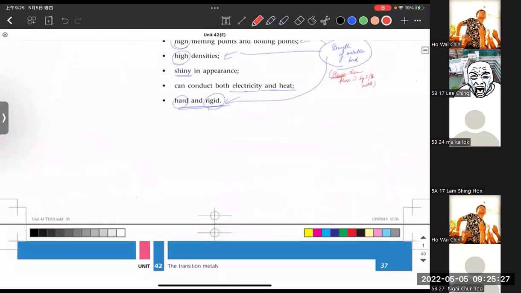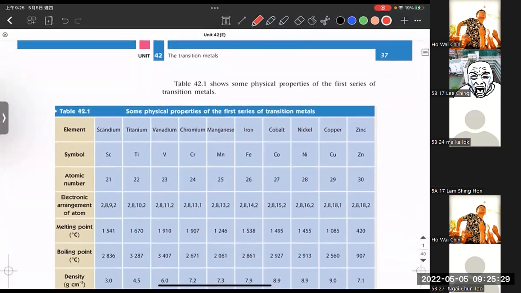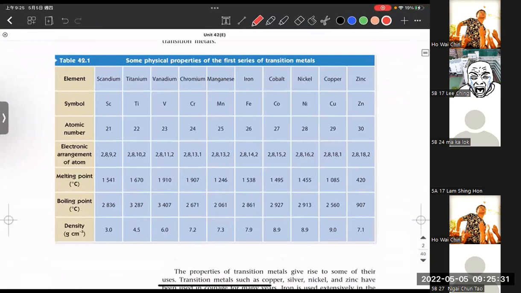So that's why here comes the data. You may find it, right? So relatively speaking, you may find the density of these being quite high, nearly 7 or 8, when you compare with sodium, potassium, for example.